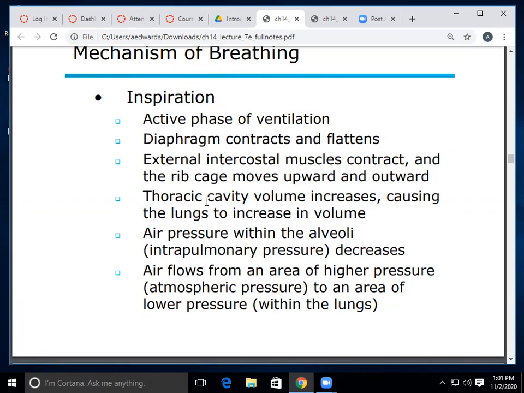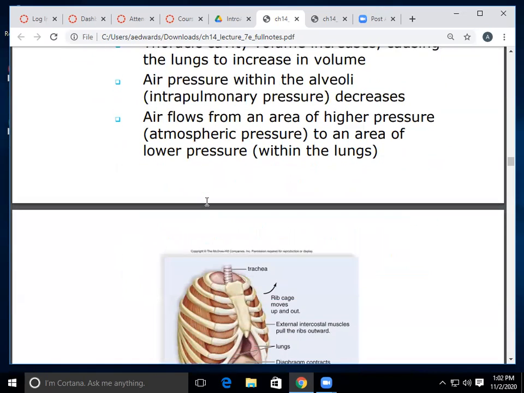So it's not just that you're inhaling, but you're also creating a pressure gradient, which drives air down into your alveoli. Even if that doesn't make complete sense, know that there's a pressure difference between the air outside of you and the pressure inside your alveoli, and that drives air into your alveoli.